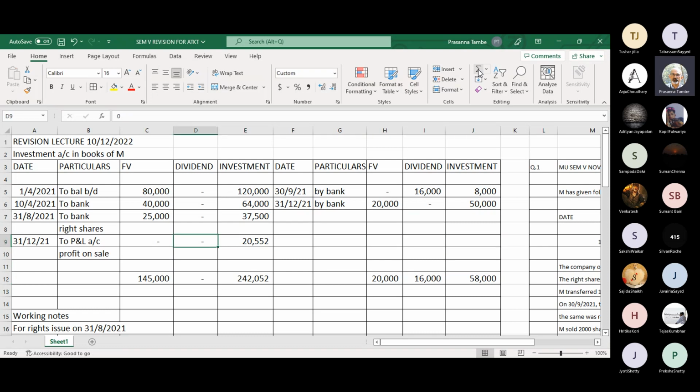Dividend account will be closed by transferring the dividend to P&L account. Our dividend account shows we have received dividend of 16,000, so that will be transferred to P&L. The dividend account stands closed once you transfer this income to P&L account. This is the income for the current year. And then in the investment account, we'll have to carry forward the balance. So we'll find out what the balance is.